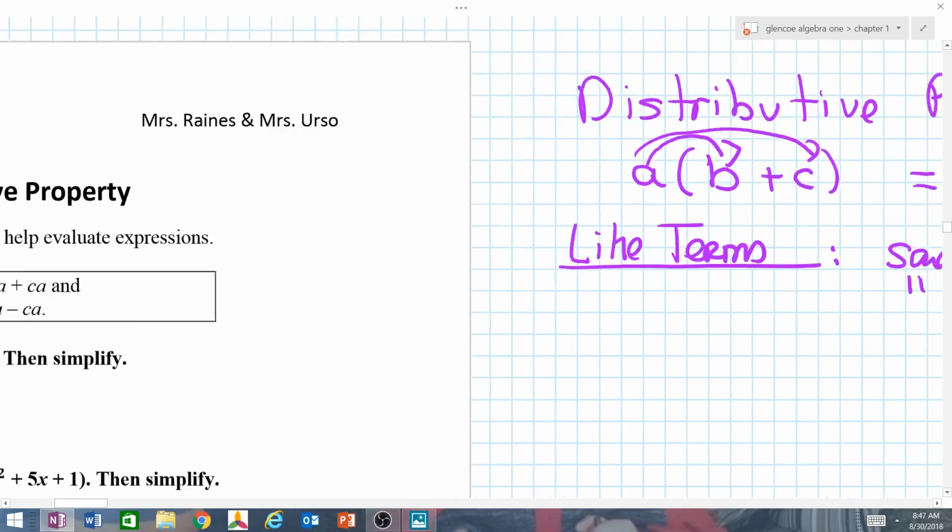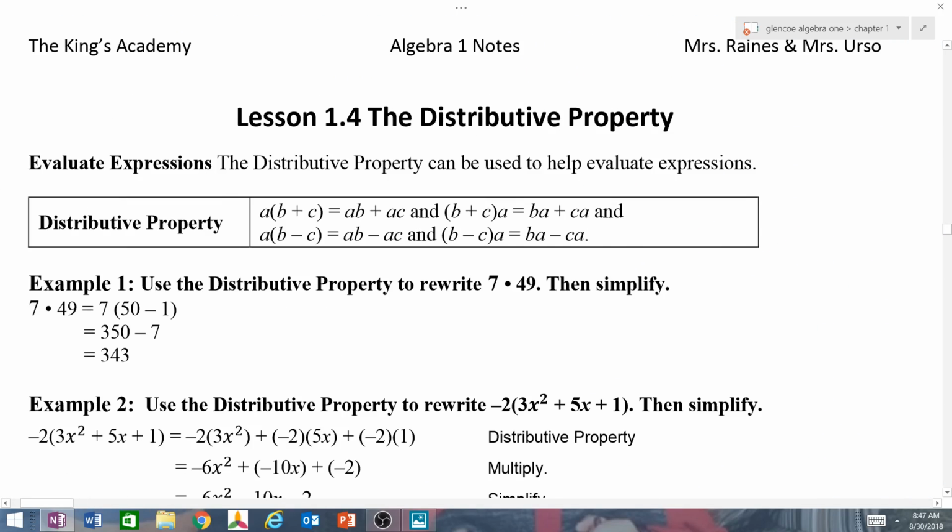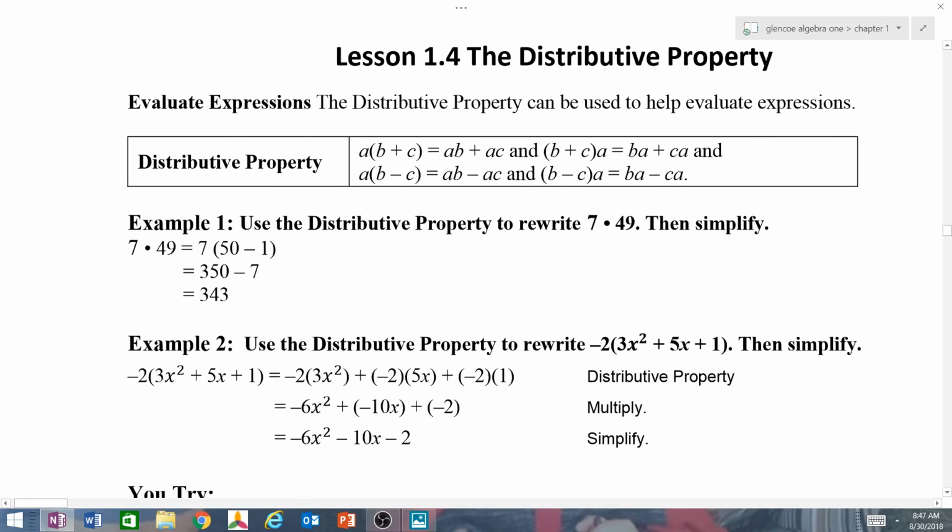If we want to look at our first example here, and use the distributive property to rewrite the expression 7 times 49, we might write 7 times the quantity 50 minus 1.